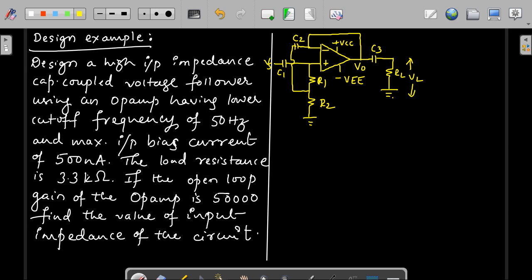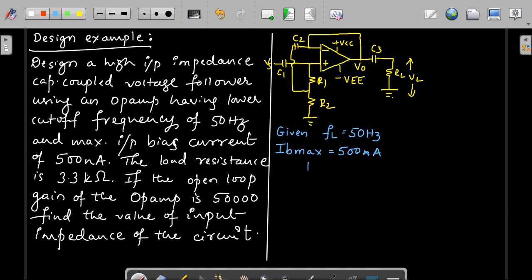So given, let us proceed now. Given FL is equal to 50 Hertz, the lower cutoff frequency is given to be 50 Hertz. IB max is given to be 500 nanoamperes.